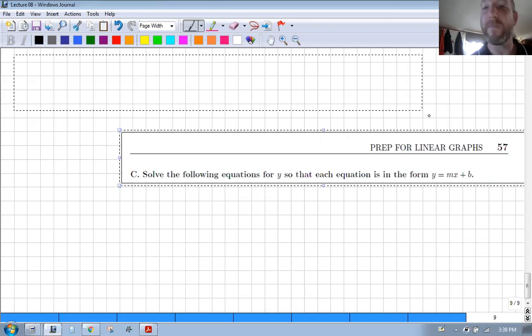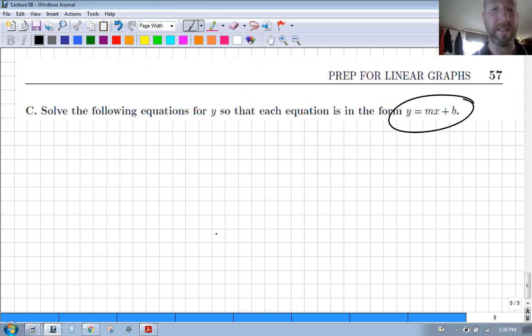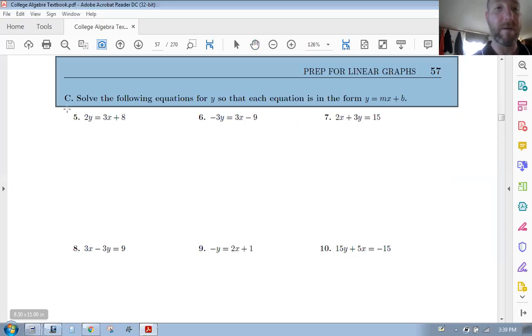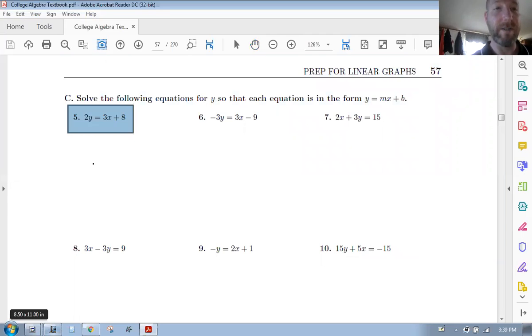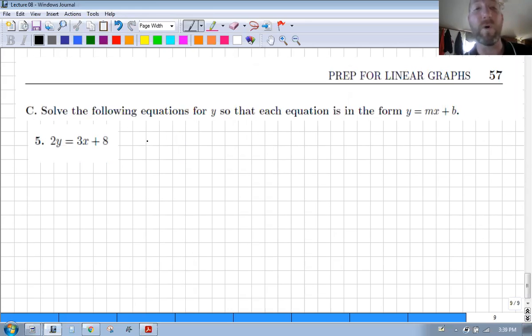All right, now we're going to practice putting things in this form: y equals mx plus b. So with this equation, notice there are 2 variables now, not just one. When we used to only have one variable, we'd solve it and we'd end up with something like x equals 2 or x equals 7.